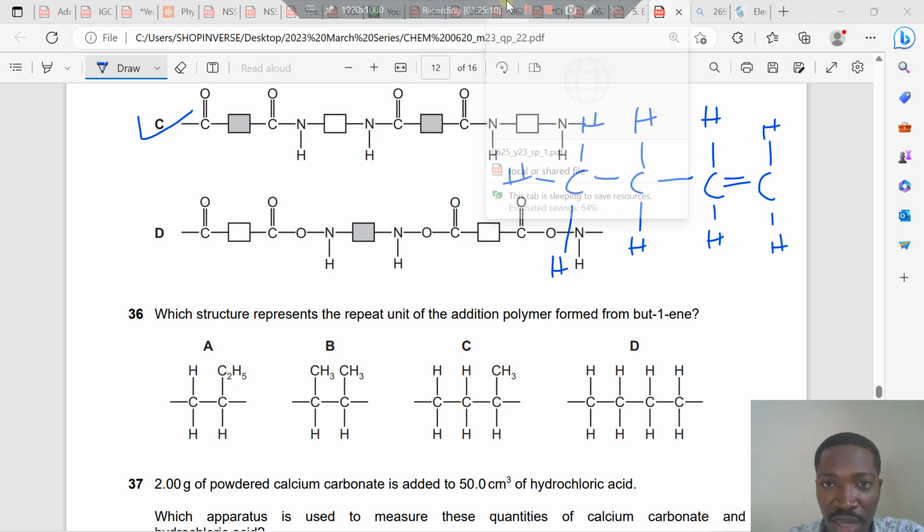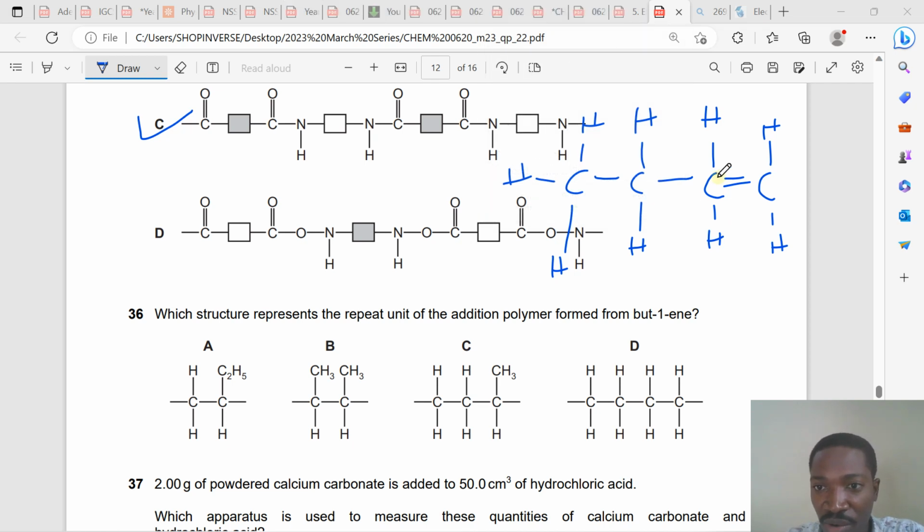Sorry, I made a mistake here. Look at the number of chains here: one, two, three, four, and the number of chains around this one: one, two, three, four, five. So this one should not exist. Let me remove it. This is what you have.